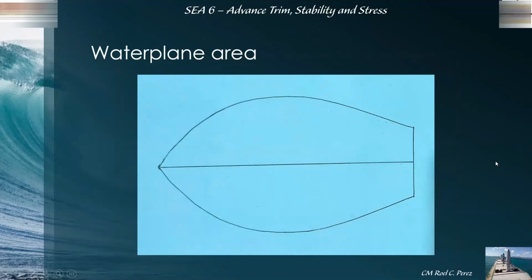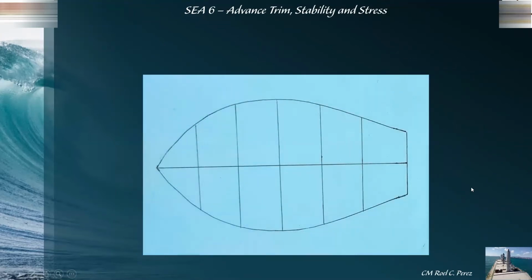So, this is still the water plane area. Hinati ko lang. I divided it for the purpose of our topic. And then, I made a y-axis. So, this middle is the x-axis. If you remember our graph.